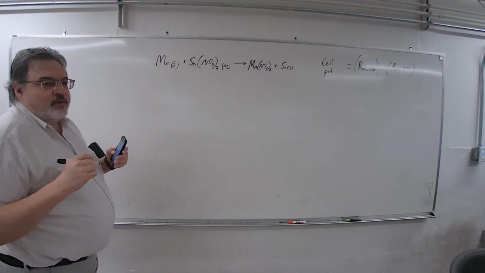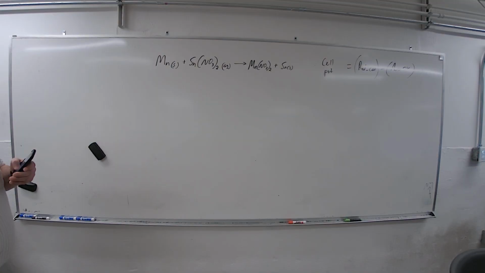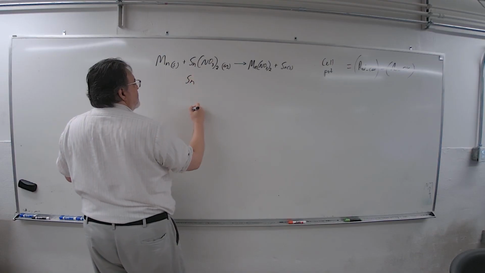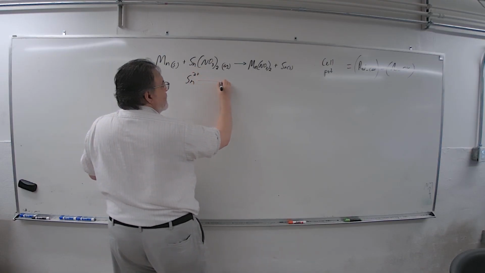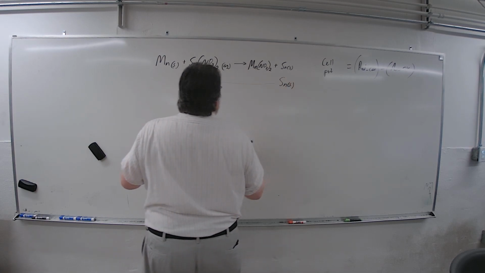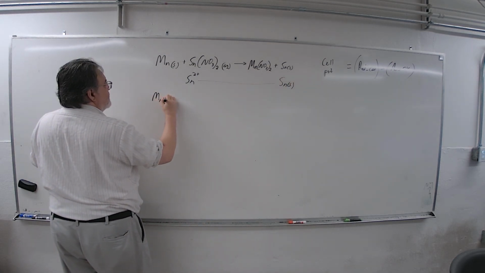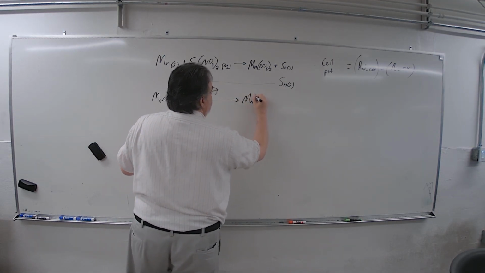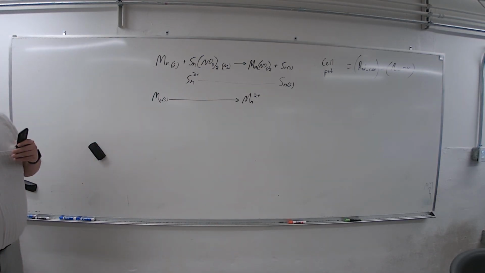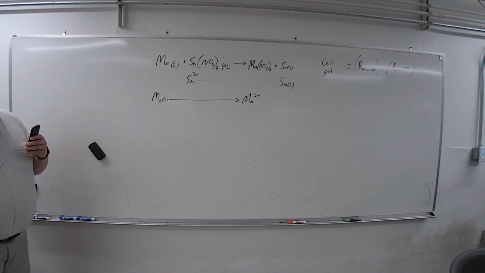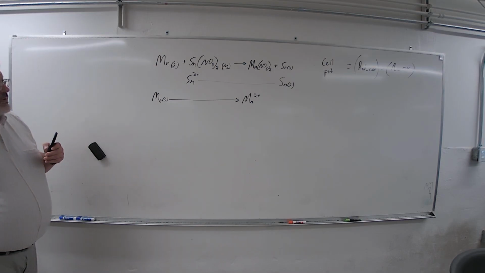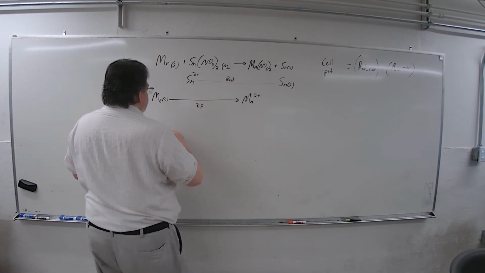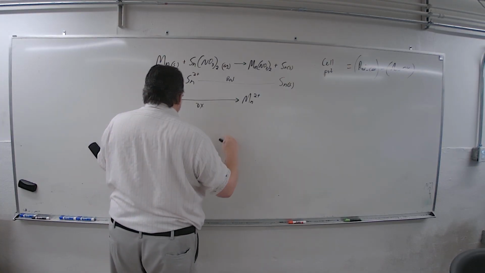What's being oxidized and what's being reduced? Sn is being reduced. So what is the charge on Sn here? To, it becomes, and then the manganese becomes. So this is being reduced, this is being oxidized. So we're looking for manganese neutral to manganese plus 2.